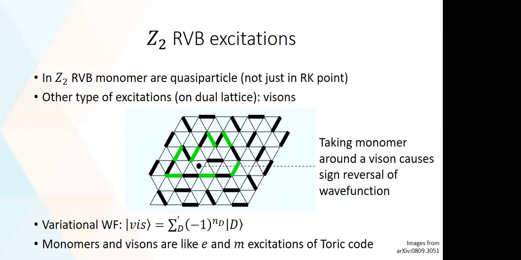Away from the RK point, the ground state will be some superposition of diagrams, and the Vison excitation will also be some superposition, but not necessarily this one. The sign structure of the wave function will probably be similar, but the weights will be different. But you can still define this Vison, using, let's say, a local operator that measures whether you have a Vison at some site.